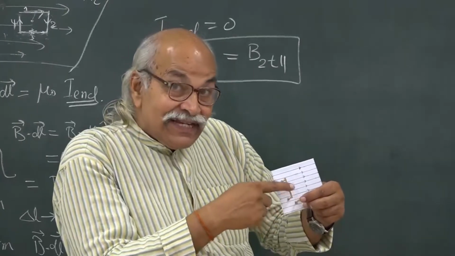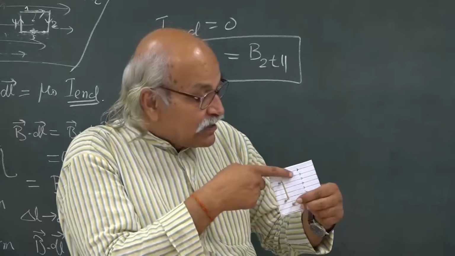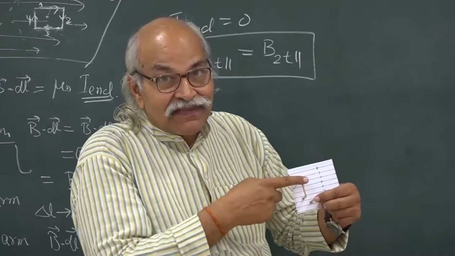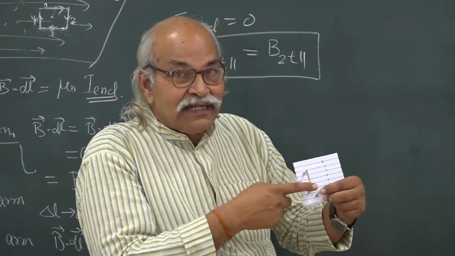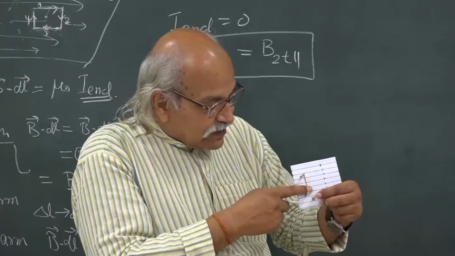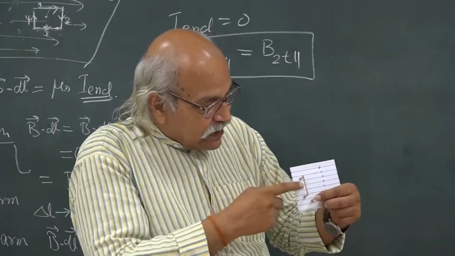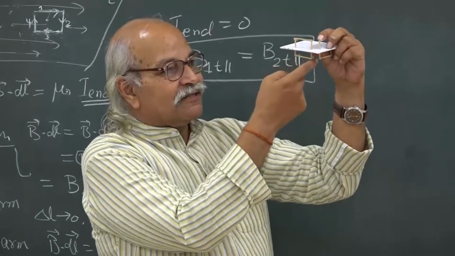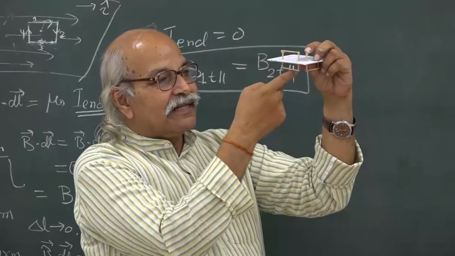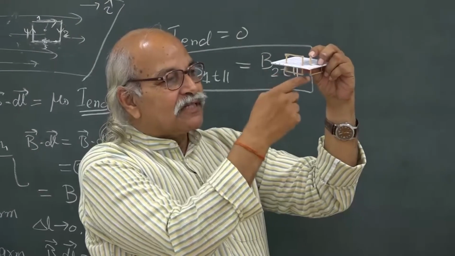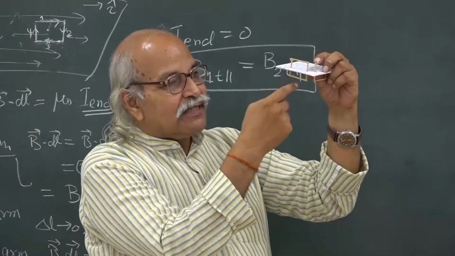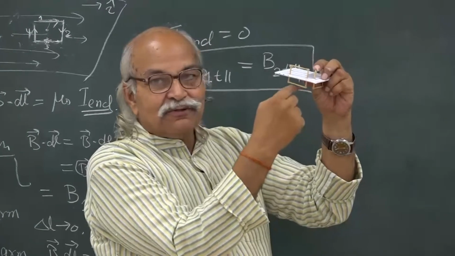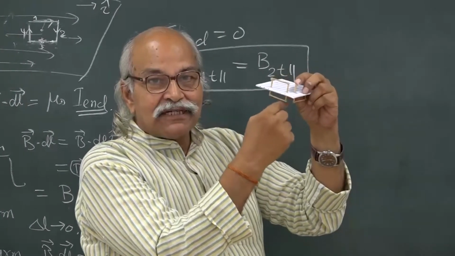So, it is a tangential direction, but perpendicular to the current. In this direction I have drawn a line parallel to the surface, perpendicular to the current, above the surface, and similarly below the surface, parallel to this. Here this line is once again parallel to the surface, so it is tangential, but the current is going this way, and therefore it is perpendicular to the current.